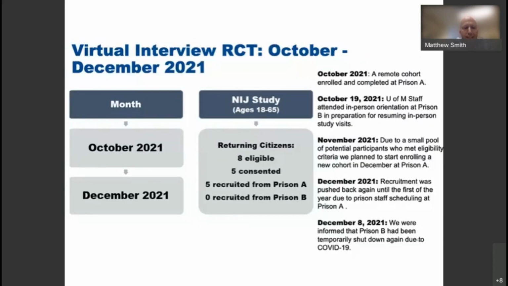And then prison access did reopen again in October 2021 for a small cohort, but then was reclosed pretty quickly after the newer COVID-19 variant emerged around that time, and then infection numbers went back up.